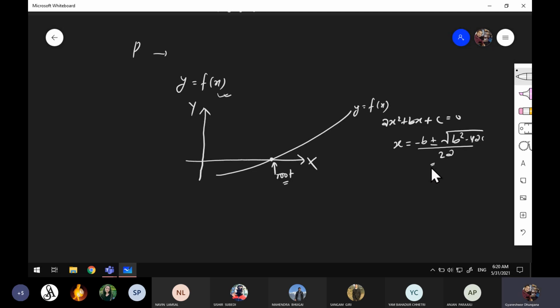This is the analytical method. But if we have the function with precise values, because it is a plot, it must have the precise values of the parameters a, b, and c, the exact values, then we can apply the numerical method here.